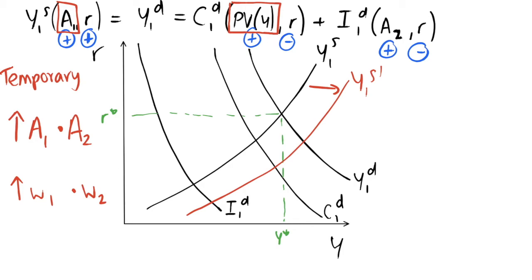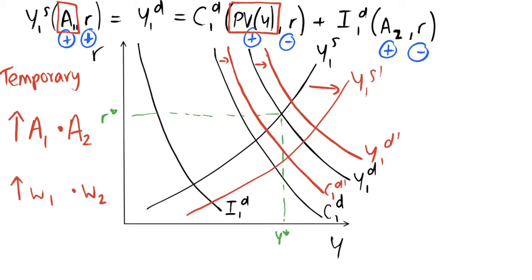But okay, we are increasing wage 1, so we increase our present value of consumption a little bit. So we shift this consumption curve to the right to C1 D1. And we know shifting the consumption curve means we have to shift the demand curve by an equal amount. So we shift demand to the right by a little amount.